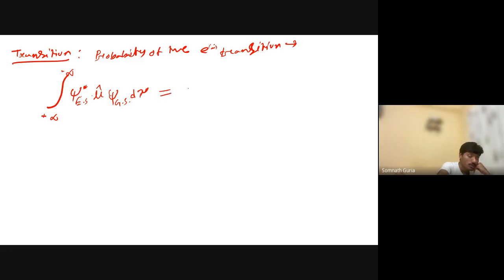It can be 0, or it can be 1. When it is 0, that is called a forbidden transition, and when it is nonzero, this is called an allowed transition.